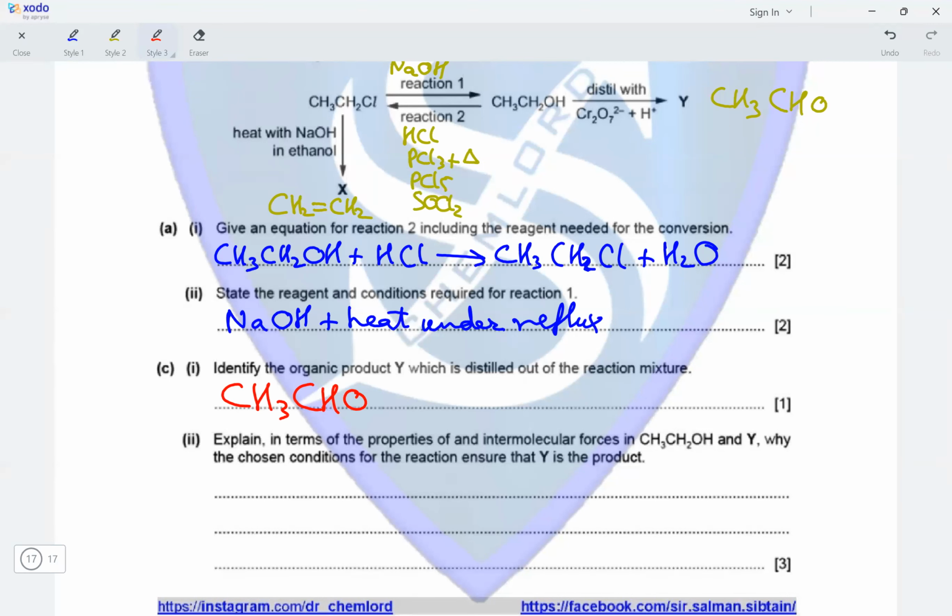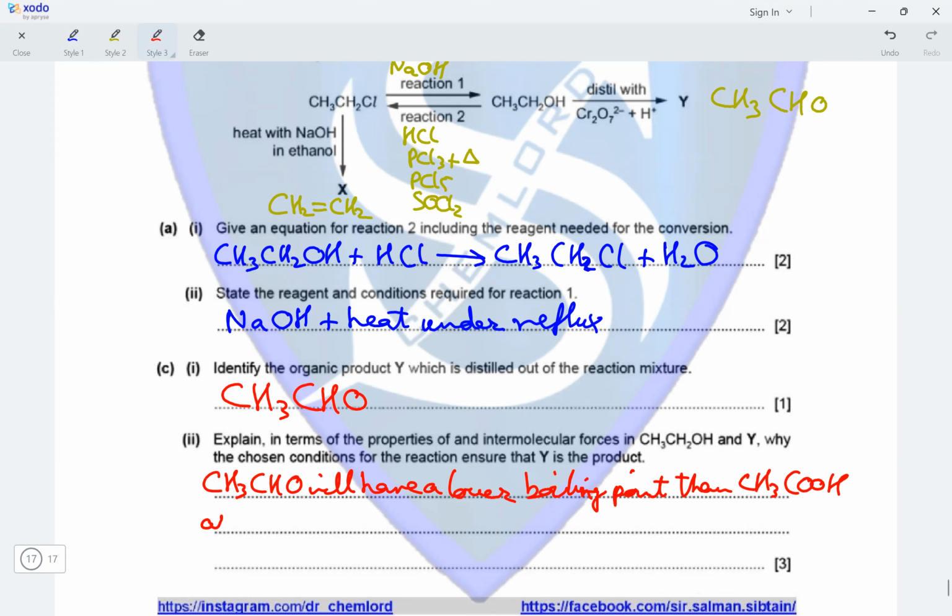Okay, so the aldehyde CH3CHO will have a lower boiling point than CH3COOH, as CH3COOH will have hydrogen bonding present.